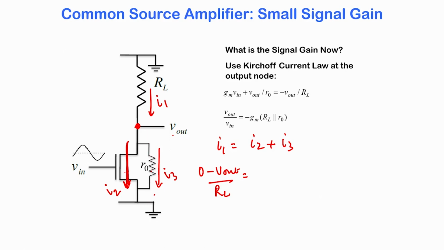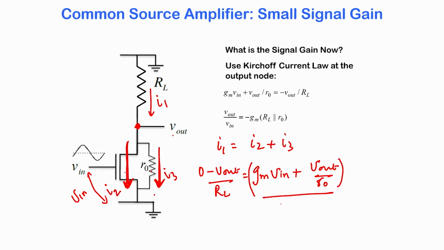So the current due to Vout is going to be 0, but there is a gate to source fluctuation which is Vin. So I2 is going to be Gm times Vin, and I3, which is the channel length modulation effect, is going to be Vout by RO. So these two together represent the non-ideal MOSFET, which is the ideal MOSFET with no channel length modulation, plus the channel length modulation effect.